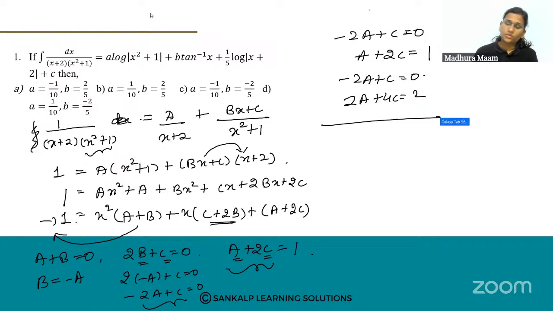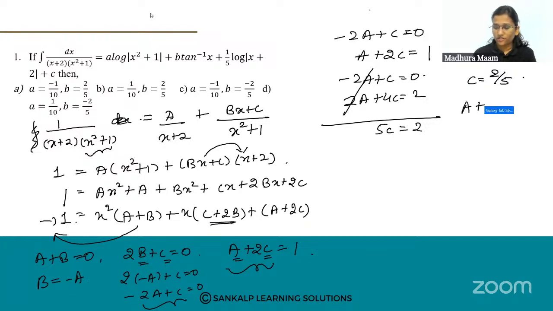Now this cancels directly. Here we got 5c, and here 2. So what is the value of c? 2/5. So the value of c is 2/5. Fine. So we got c. From c, what can we find out now? Anything. We have an equation, a plus 2c. So this is a plus 2 into 2/5, which is 4/5.